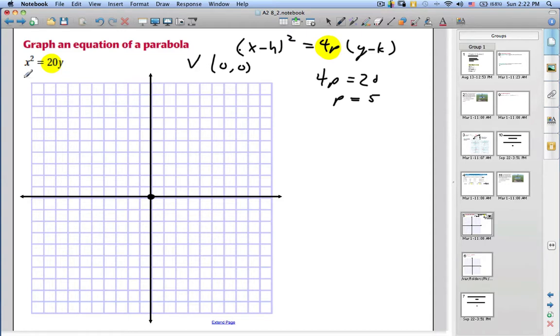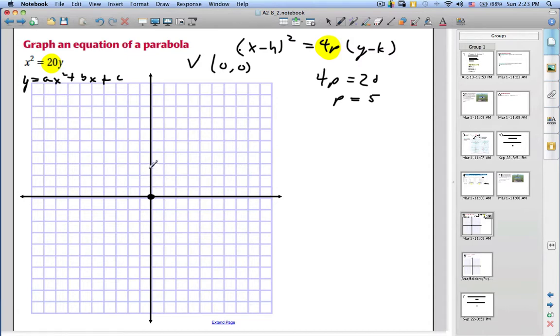Remember, we were working with y equals ax squared plus bx plus c. This is the standard form of a quadratic, and you'll notice that x is being squared, but y is not. And you notice here, x is being squared, but y is not. So this is a vertically oriented parabola, and my p-value is positive, so I know it's going to open up.